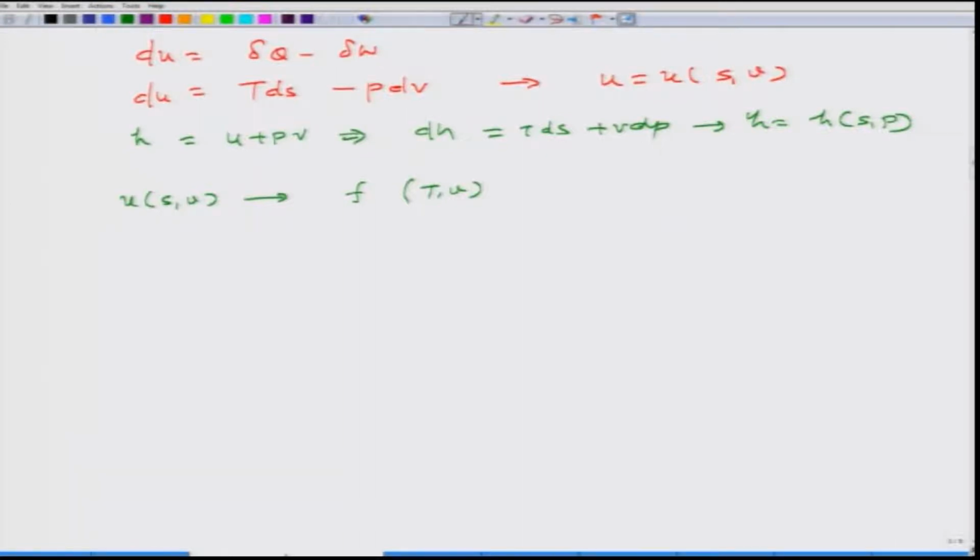Now, to obtain this, we can make use of something called the Legendre transformation.